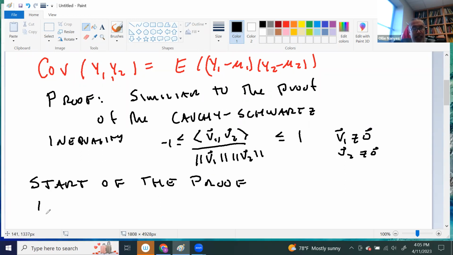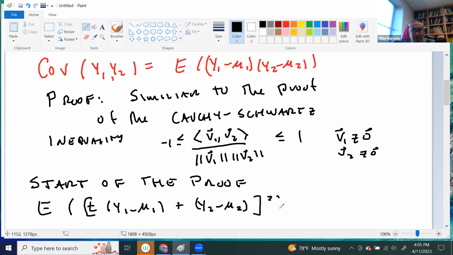Start off by taking the expectation, and I'm going to do something a little strange here. I'm going to take the expectation of t times (y1 minus mu1) plus (y2 minus mu2), and I'm going to look at this squared.